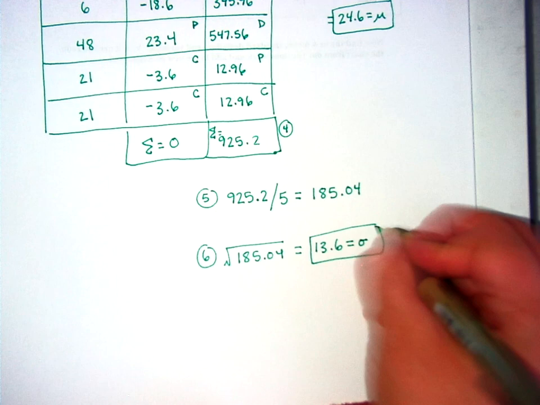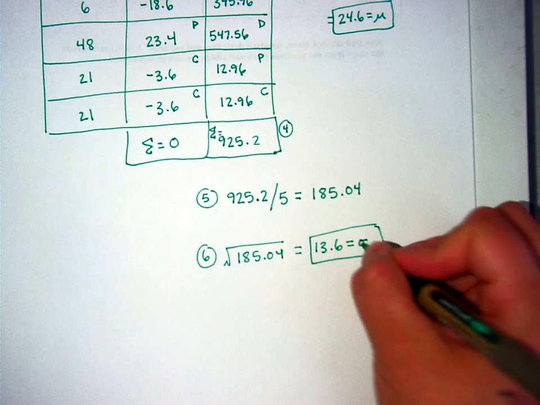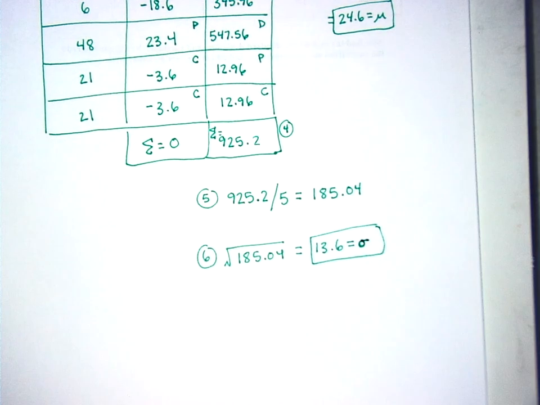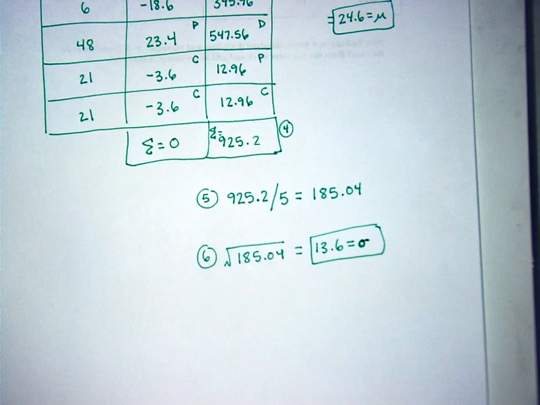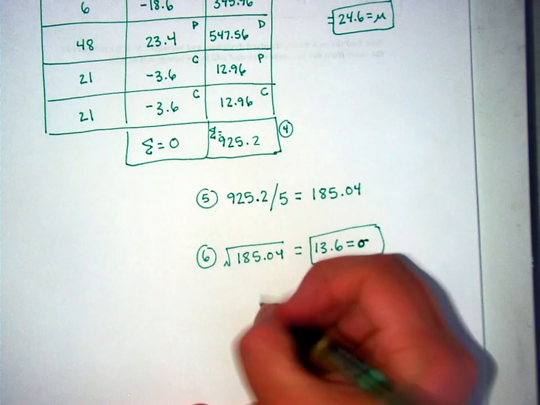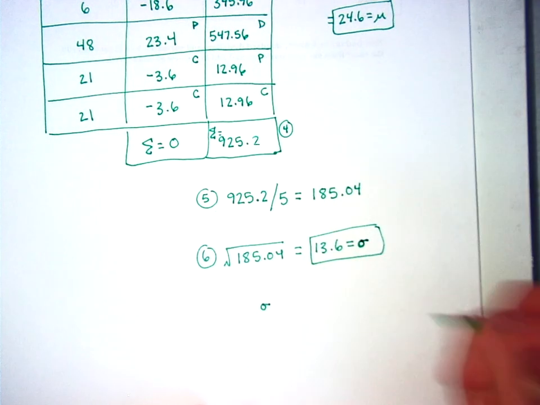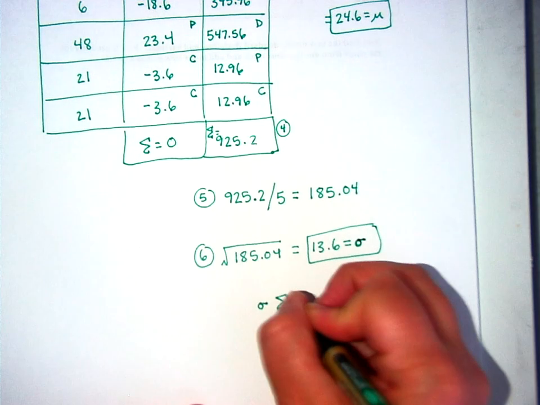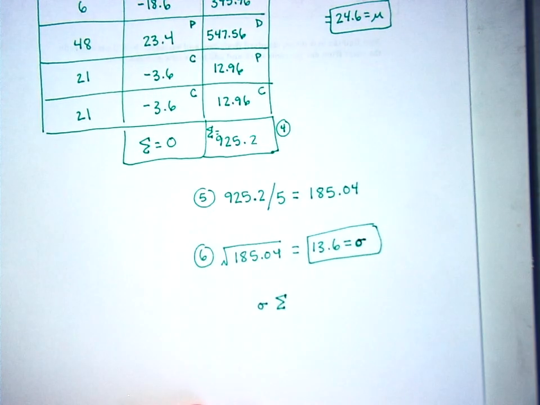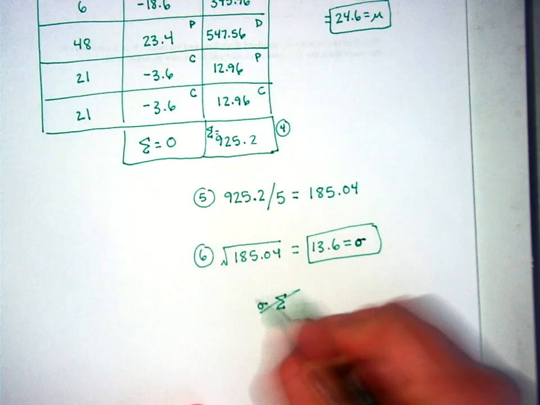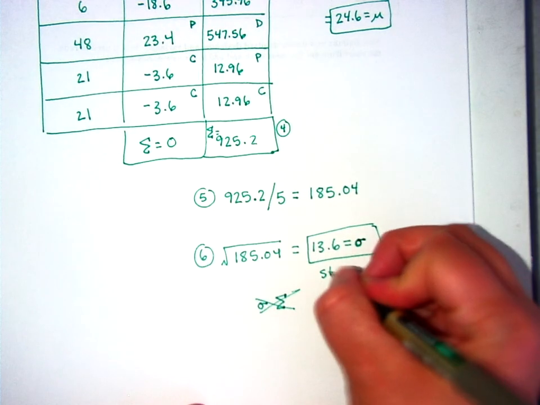The symbol for standard deviation looks like an O with a line sticking out of the top of that. That is called sigma. Just like the capital E, I have no idea why in the Greek alphabet that's a lowercase sigma and that's an uppercase sigma, but it is. But this means standard deviation.